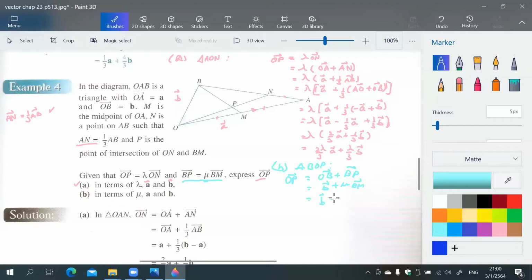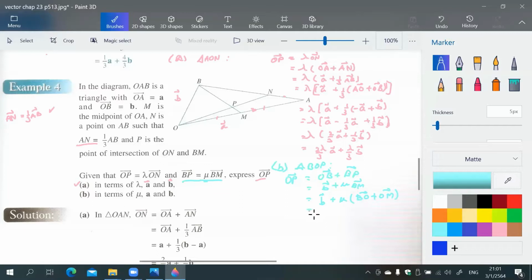So B plus mu BM. Then I can use this triangle because it's quite clear, right? Because we have OB, OM, because M is a midpoint. So for BM, I use triangle BOM. So it becomes BO plus OM. See, common point O, I got BM.